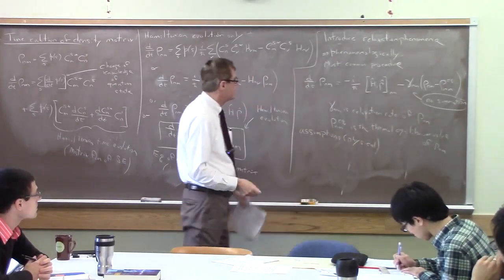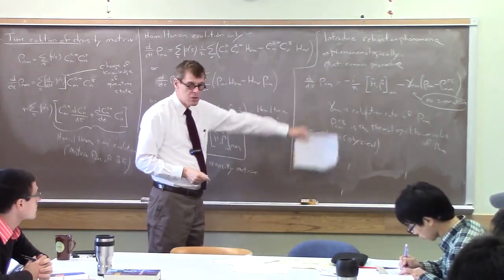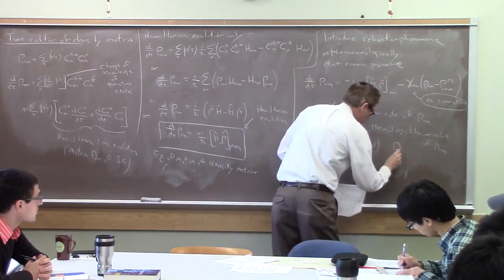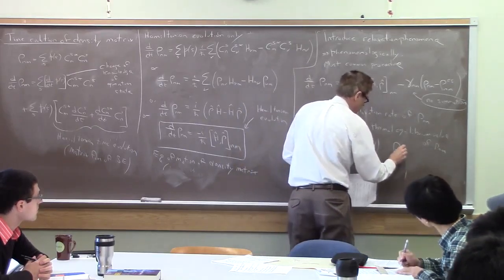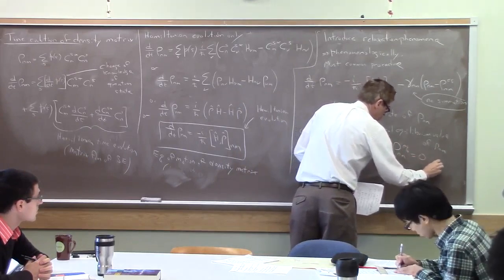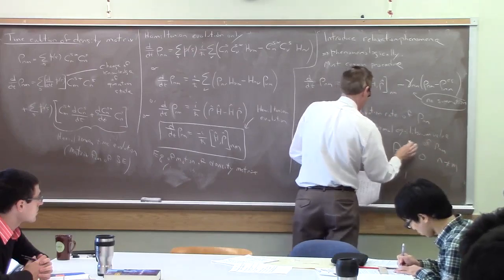Now, there are some physical assumptions that are often made in conjunction with this, and one of them is that rho nm equilibrium is equal to 0 for n not equal to m.